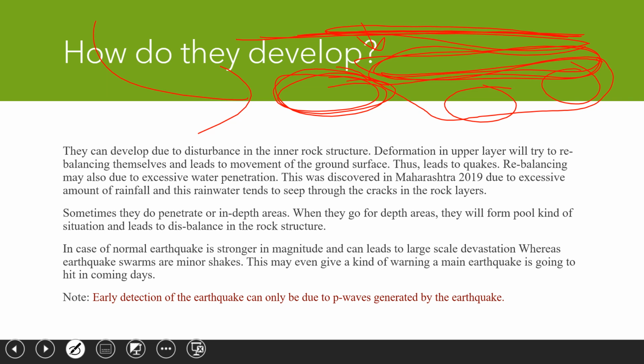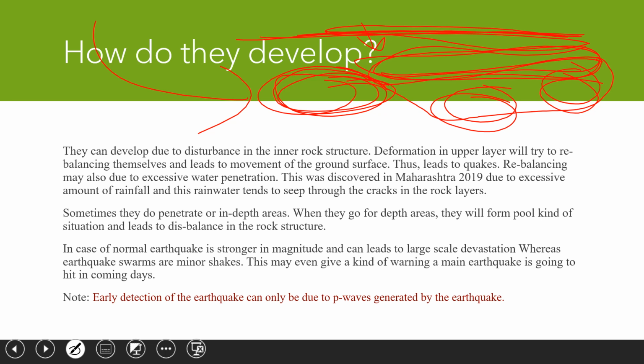It needs energy, and only when the energy accumulates can you see some development within the earth, the displacement of these rocks, or the deep penetration of water and the balancing of all those things. So this is one of the reasons for the formation of swarms.